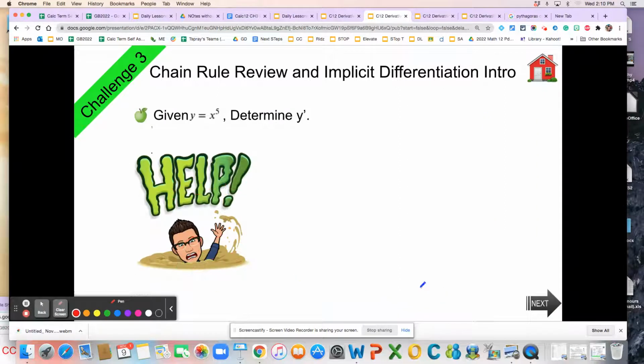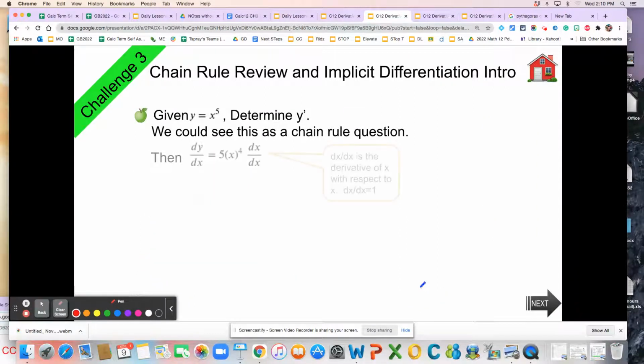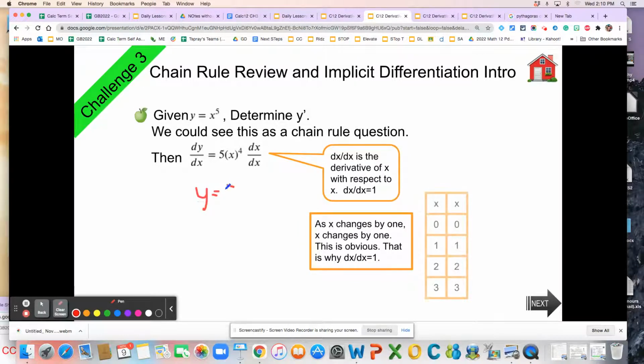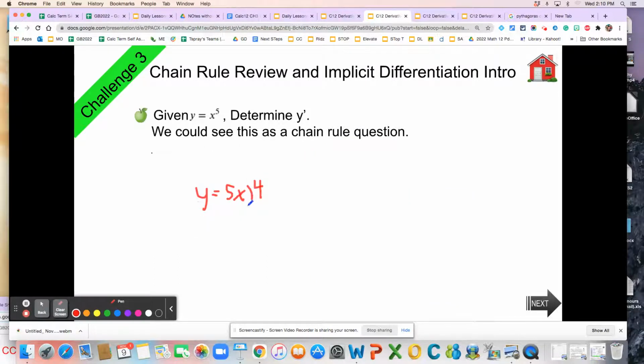Now what I want to do is just put an idea in here. Could you understand how if we asked you what the derivative of this is, you guys know the chain rule. So you know that that would be 5x to the power of 4. And you could also see this as, what if we saw this as the chain rule?